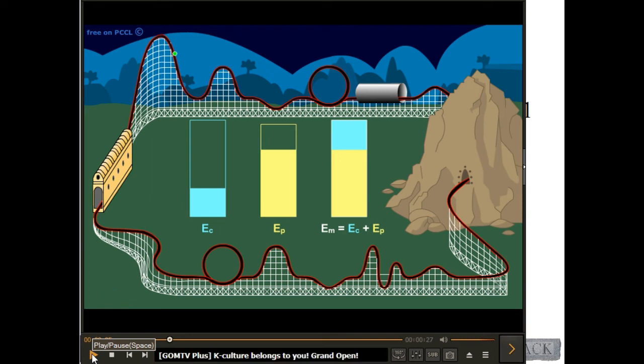So now we leave the trolley sliding alone. We suppose that there is no friction all over the track.